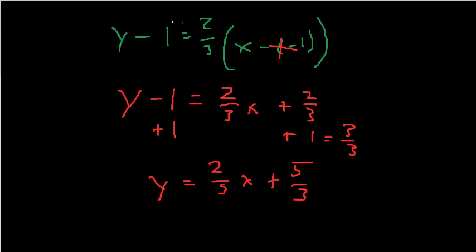So this point-slope form, we just solve for y, and we now have it in slope-intercept form, where 2/3 is our slope and 5/3 is our y-intercept. Our 0, 5/3 is our y-intercept.